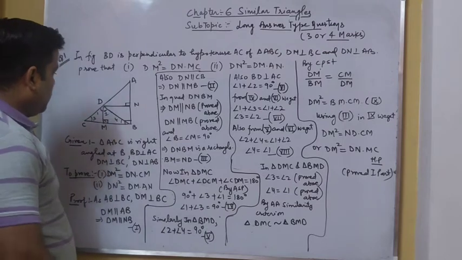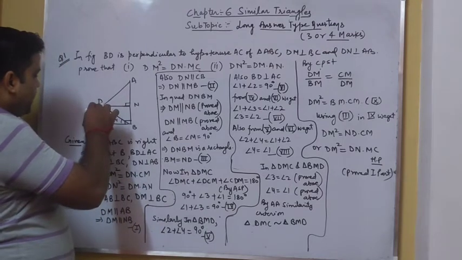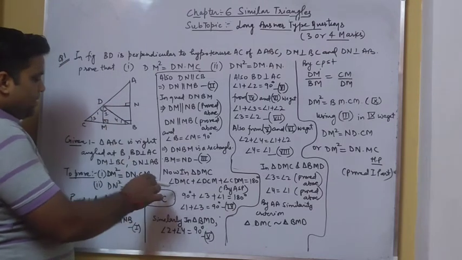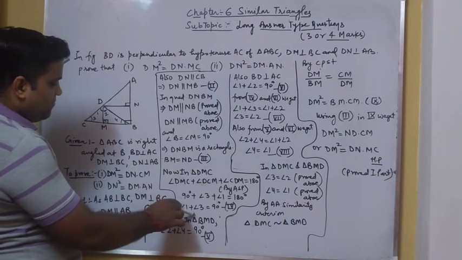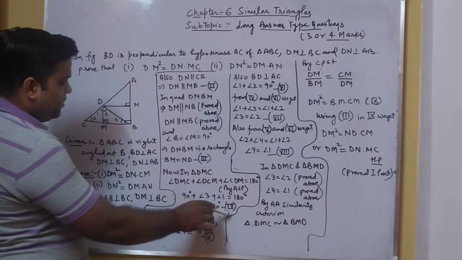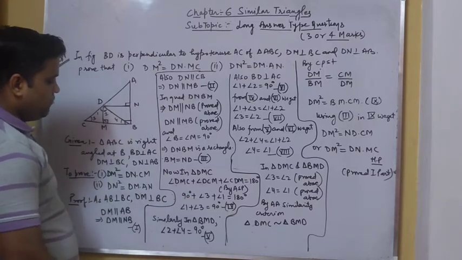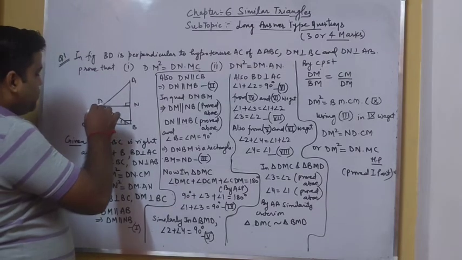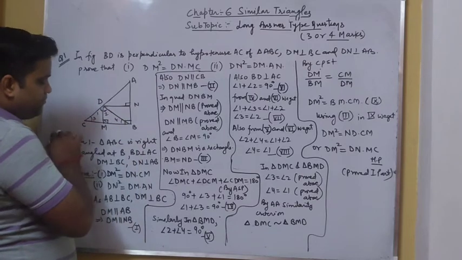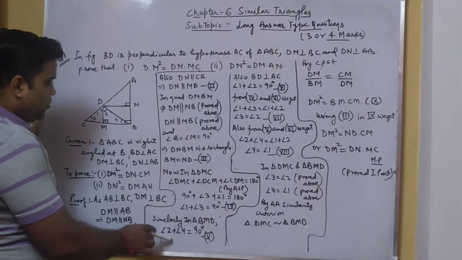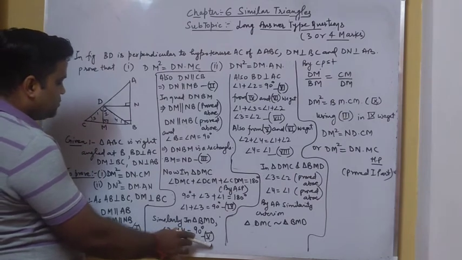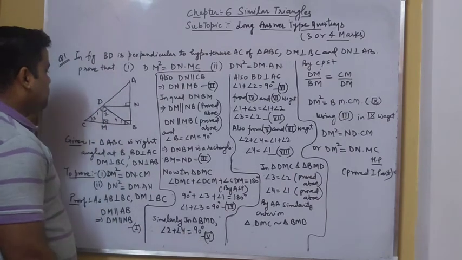We consider it as equation number third. Now let us come to triangle DMC. By using the angle sum property, we get the relation angle 1 plus angle 3 equals 90 degrees, and we consider it as equation number 4. Similarly, in triangle BMD, applying the angle sum property, we get angle 2 plus angle 4 equals 90 degrees, equation number 5.